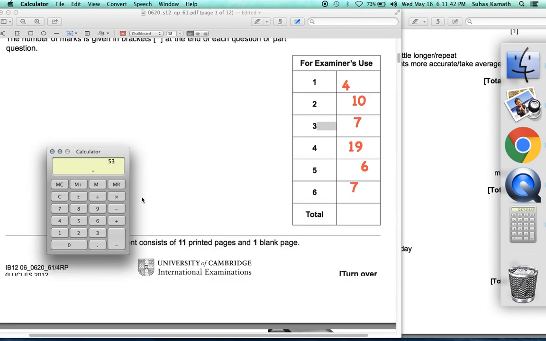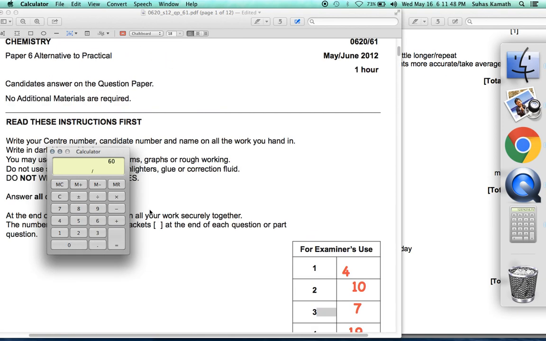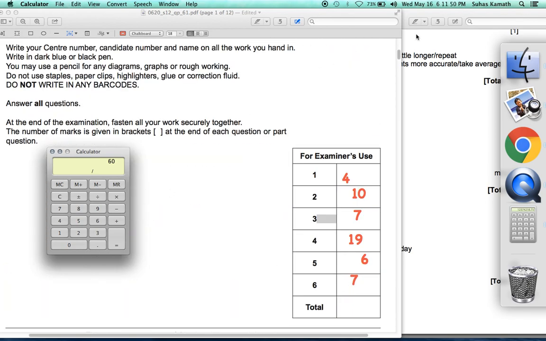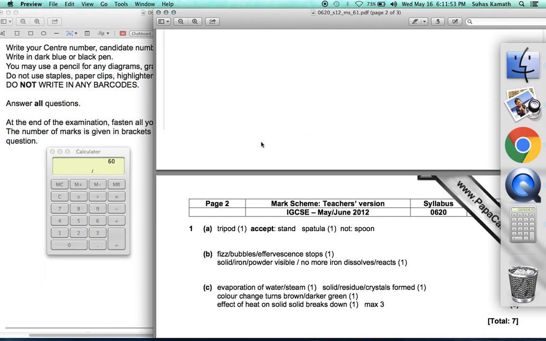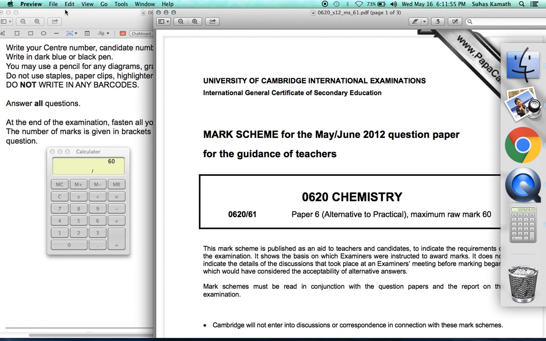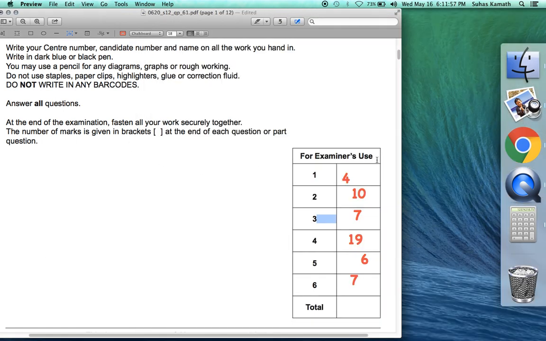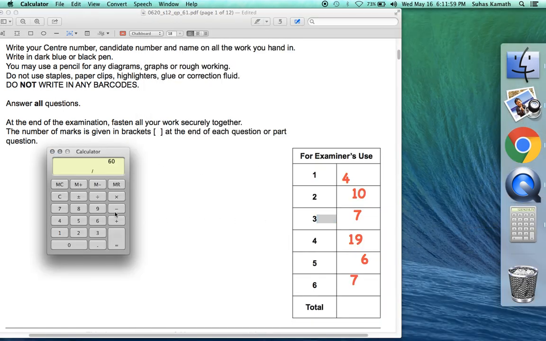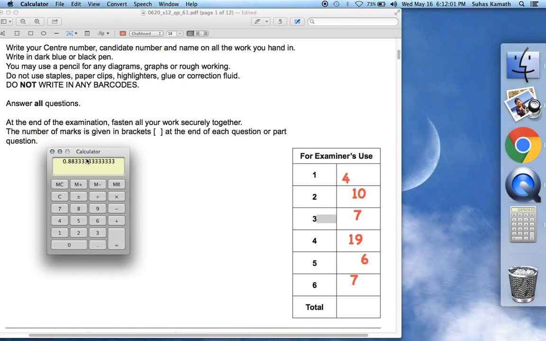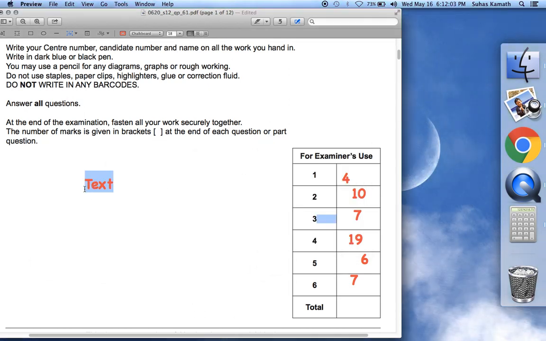So I got 53 out of 60. 60, isn't it? So let's just check it on the front page. Yes, 60. So divided by 60 is equal to, okay, so I got 89% here.